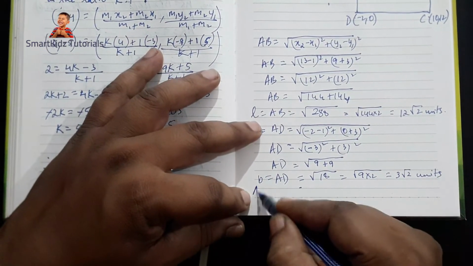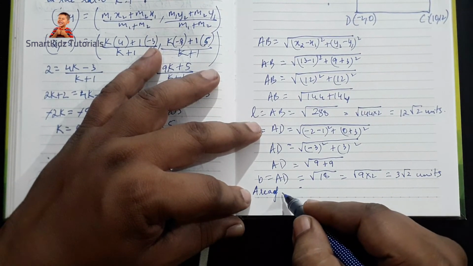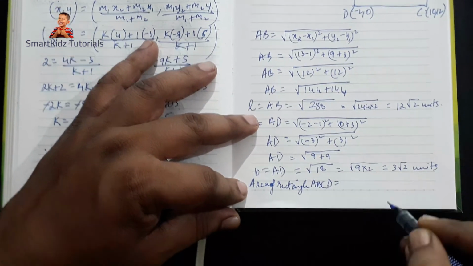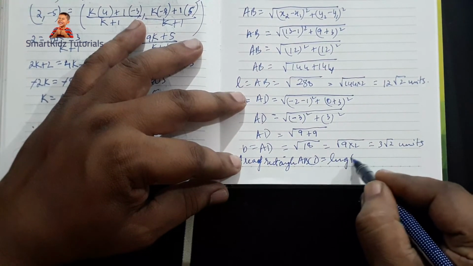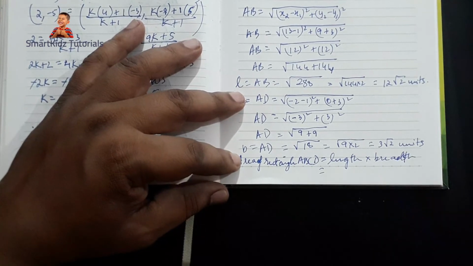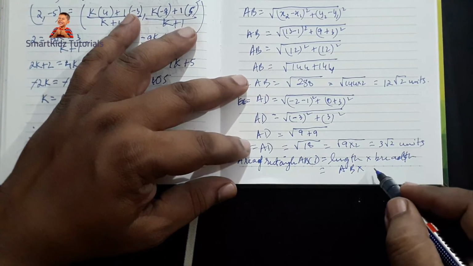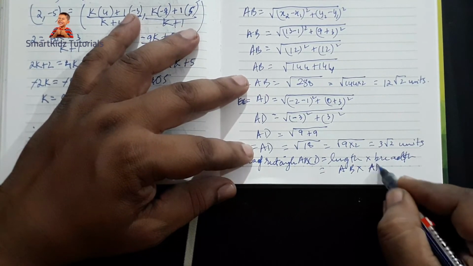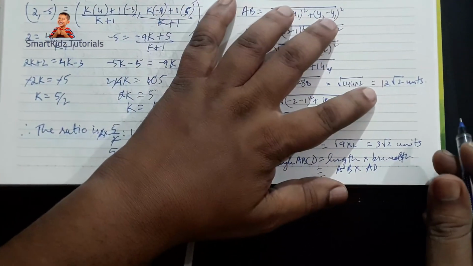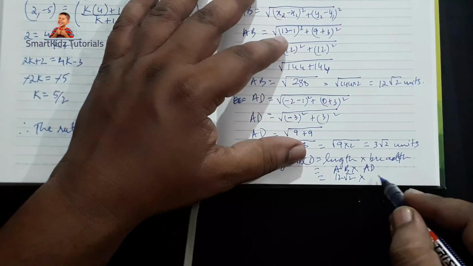So area of rectangle ABCD equals length into breadth, which is AB into AD, which is equal to AB is 12 root 2 and AD is 3 root 2.